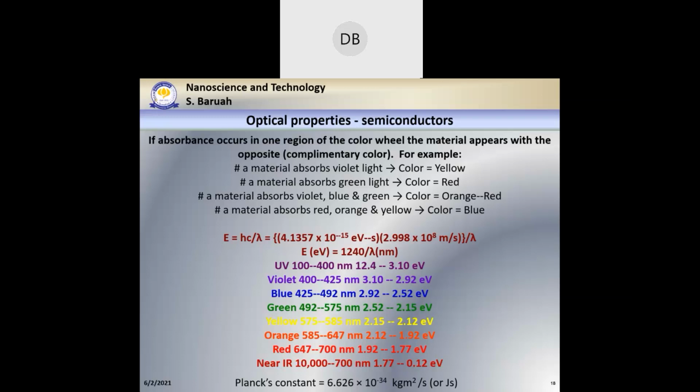And this is the energy band, the variation in the energy in electron volts. Now these numbers might be interesting for your exams also, but you don't have to memorize these values, because the formula is all that you need. If you have this formula, it's very easy to calculate the energy from the wavelength.